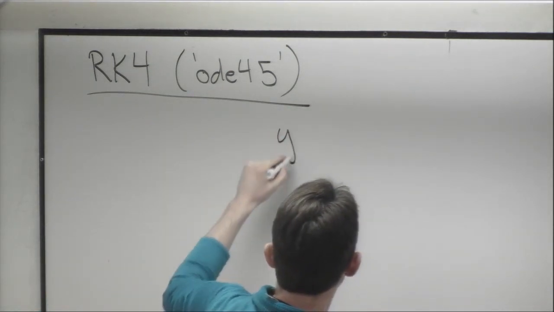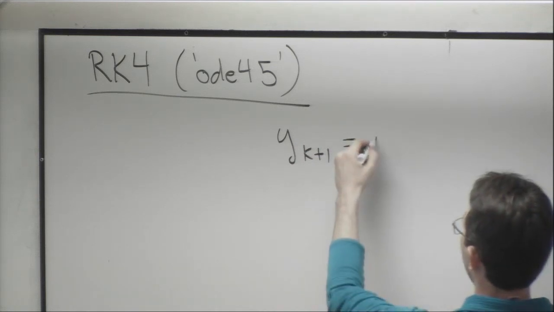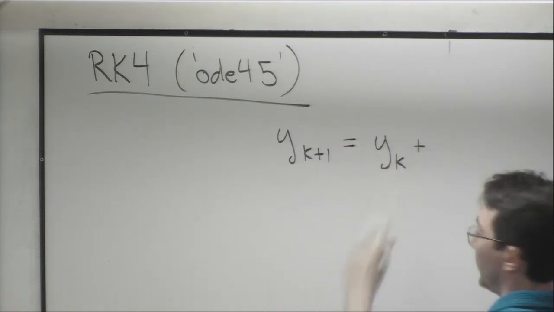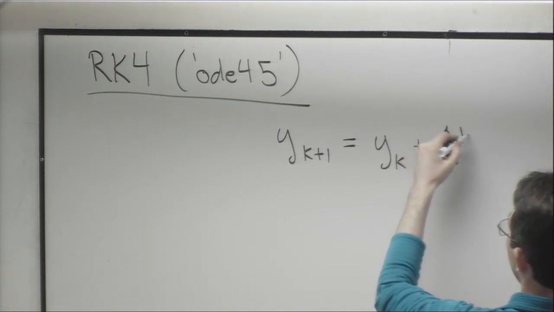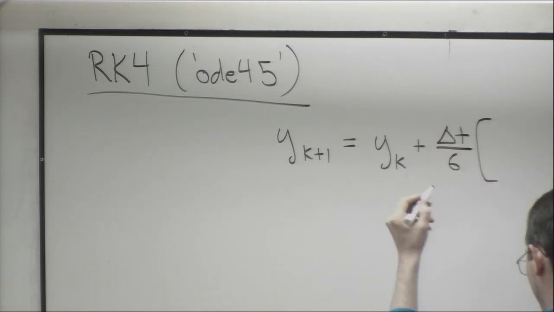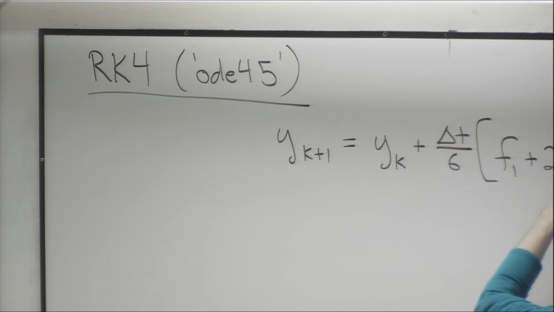So we have y at time k plus 1 is equal to yk plus, I'm going to add up 4 terms that I'm going to have to evaluate separately. So delta t over 6 times something called f1 plus 2f2 plus 2f3 plus f4.